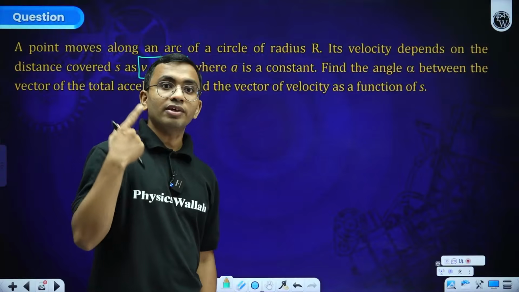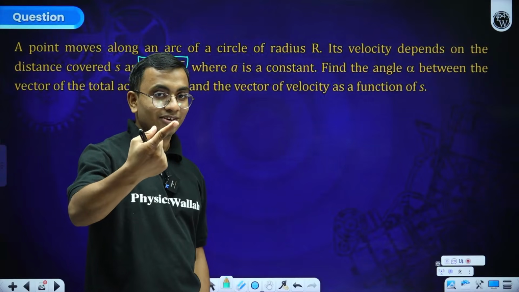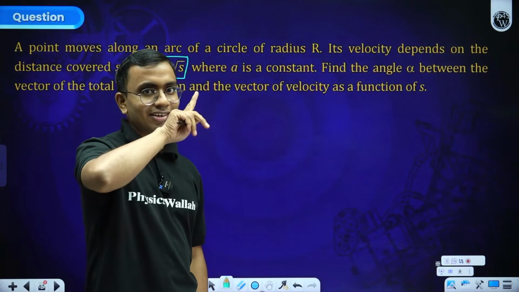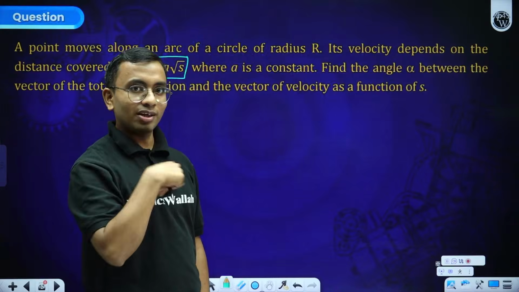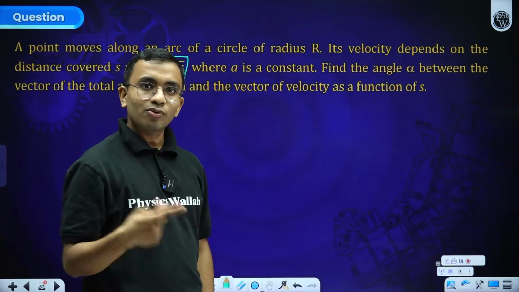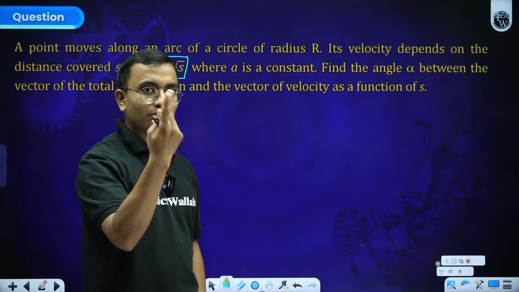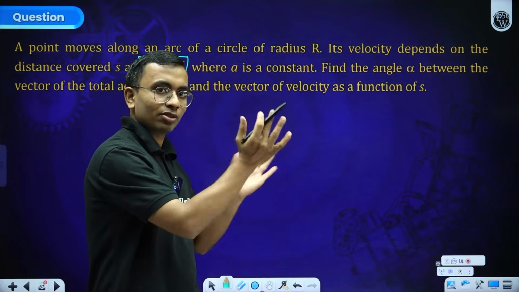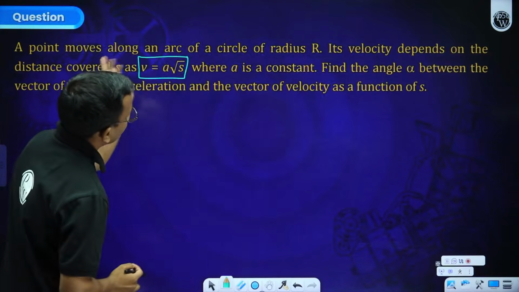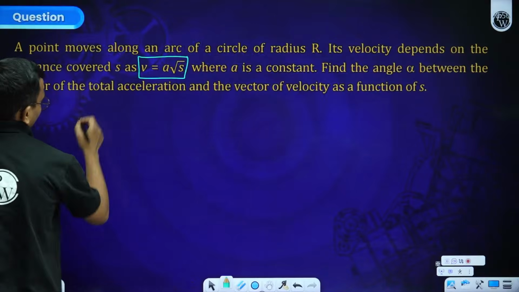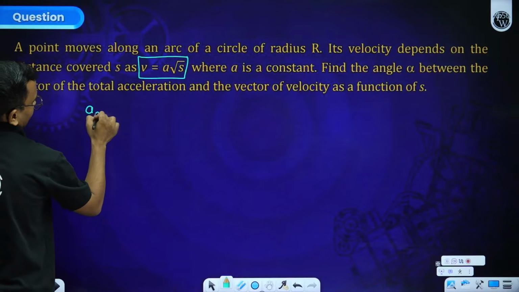So we need to find the velocity vector. We know that is in the tangential direction. So we need to find the total acceleration. How? Centripetal and tangential are the two components, and you can find the total. Then you find the angle between the two. That's all.